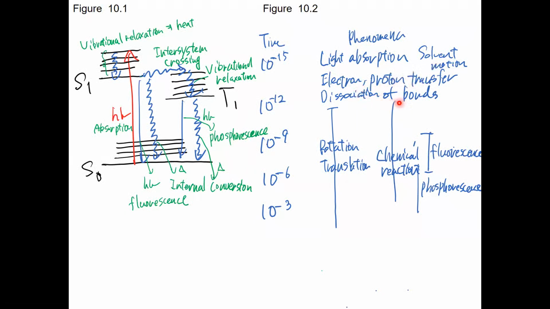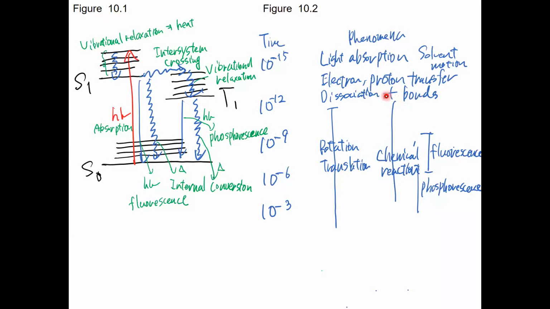Also, the origin of chemical reaction, which is bond dissociation, could happen on the order of femtosecond to picosecond. We'll understand this part later on, but it is related to the vibrational motion of the molecules.